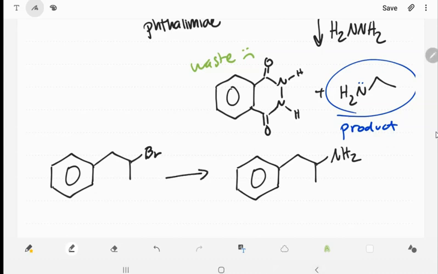Now, we can do either the azide synthesis or Gabriel synthesis. That's all it would take to go from this, oh my god, 2-bromopropylbenzene to methamphetamine.